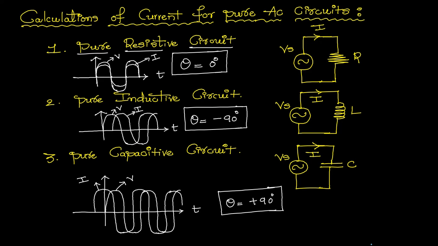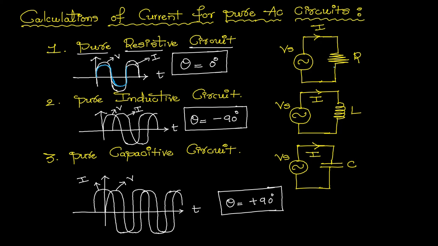Now, if you observe the waveforms of the purely resistive, purely inductive and purely capacitive circuits, the waveforms are like this. In a purely resistive circuit, the phase angle between the voltage and current is always 0. The voltage waveform and current waveform are both in phase, because a resistor is an element that does not store any energy, and it allows both the voltage and current at a time.